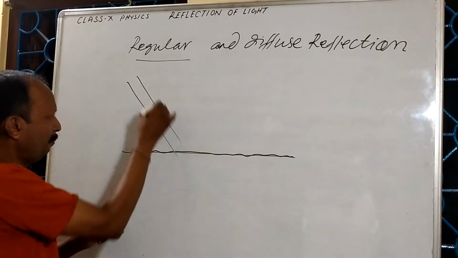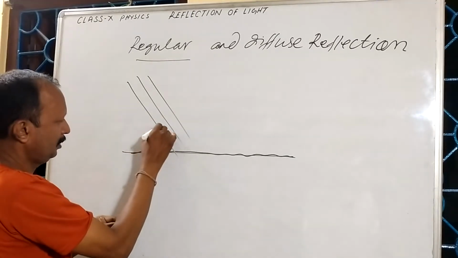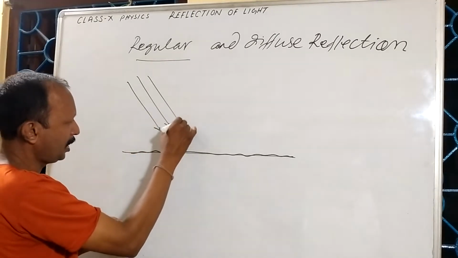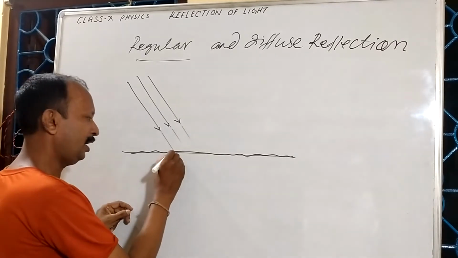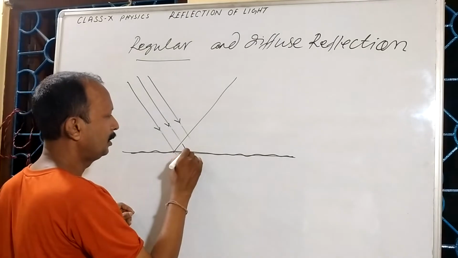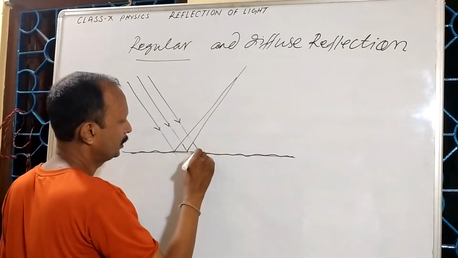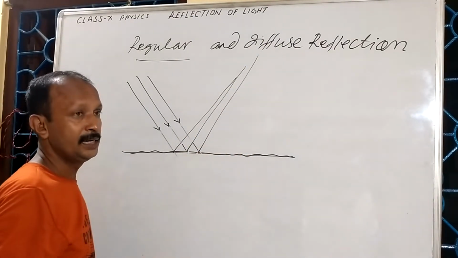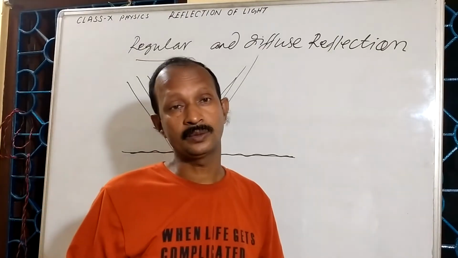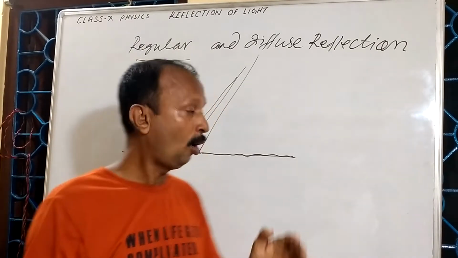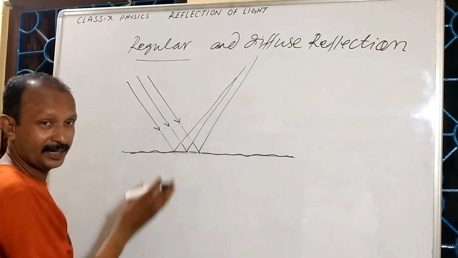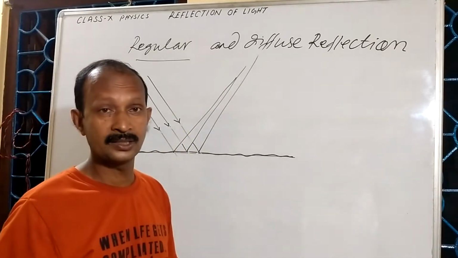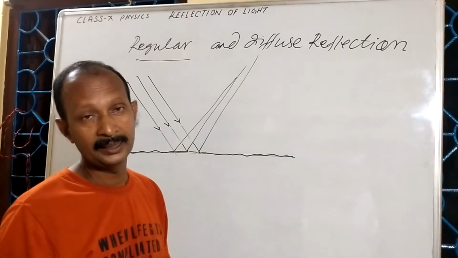now, a beam of light, a group of parallel rays of light, after incidence, they reflect, but they reflect in different directions. They are coming parallel, but when they reflect, the reflected rays here are not parallel.